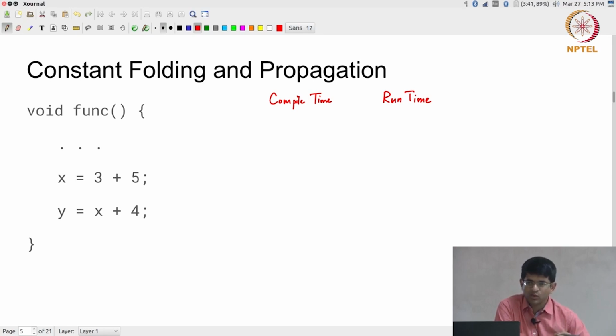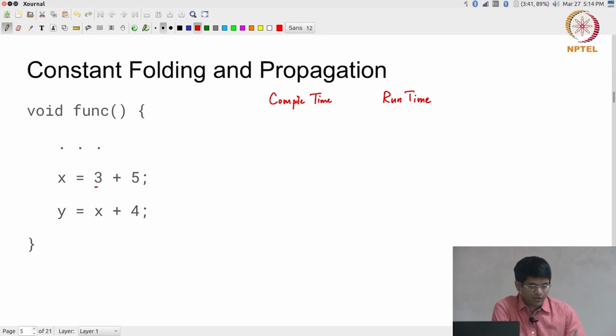You are going to run the same program many times after compiling it. In the case of hardware, once you have created the hardware, you will then use it a large number of times, but the compilation process happens only once. So typically what is considered a good idea is spend more time during compilation, but reduce the runtime.